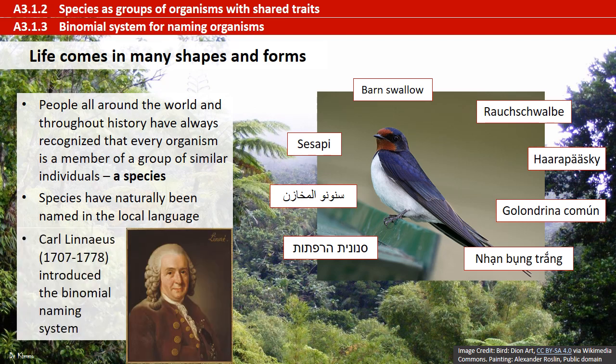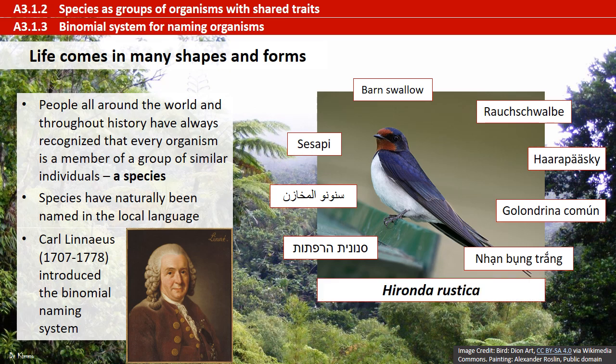Carl Linnaeus introduced the binomial naming system. He came up with this system where every species gets a Latin name, and that makes it easier for people from different language groups to talk about the same species with the same Latin name.